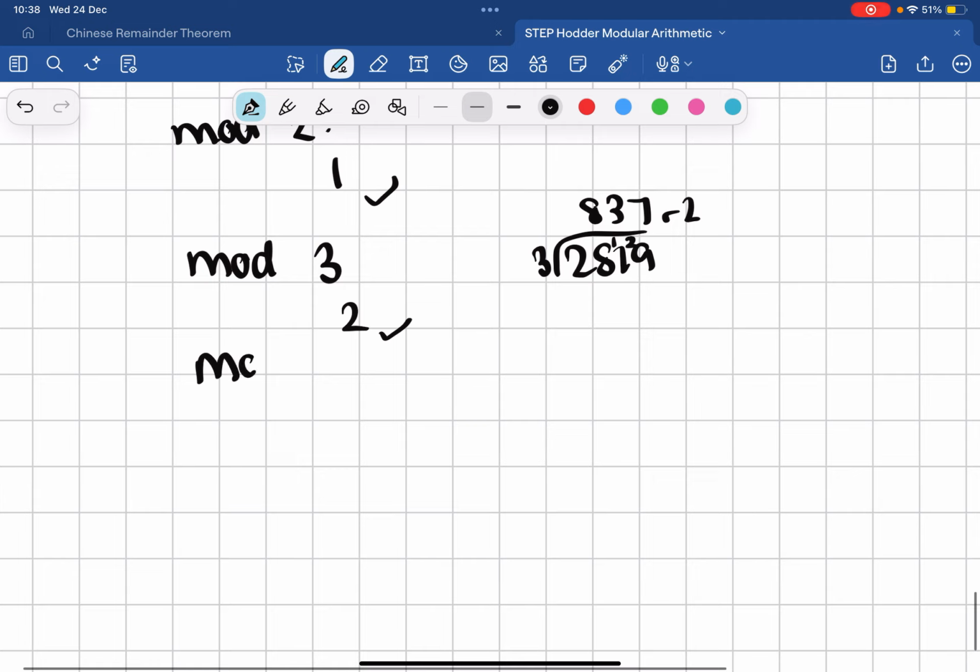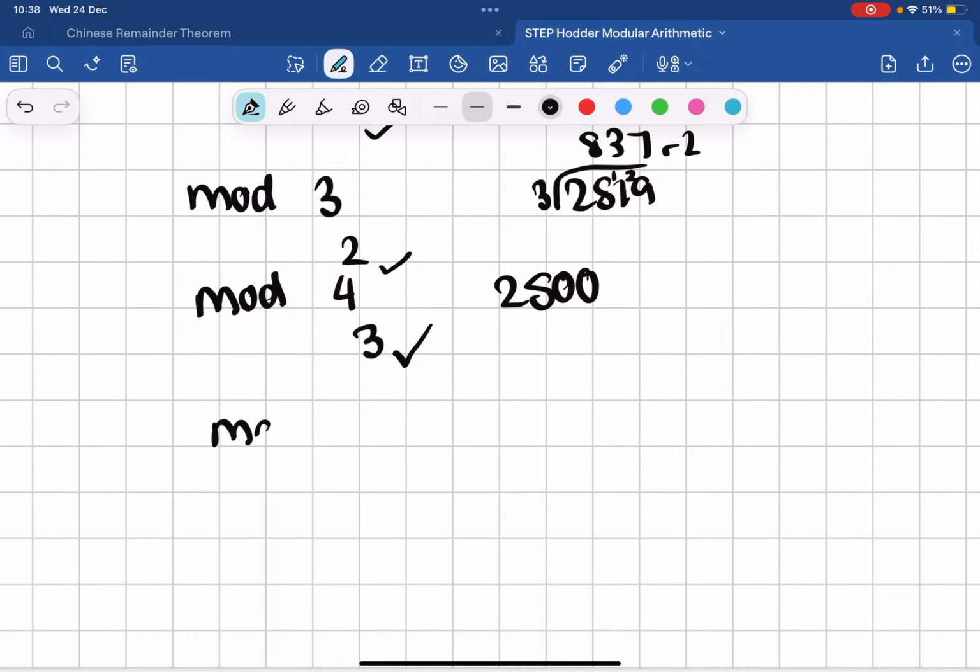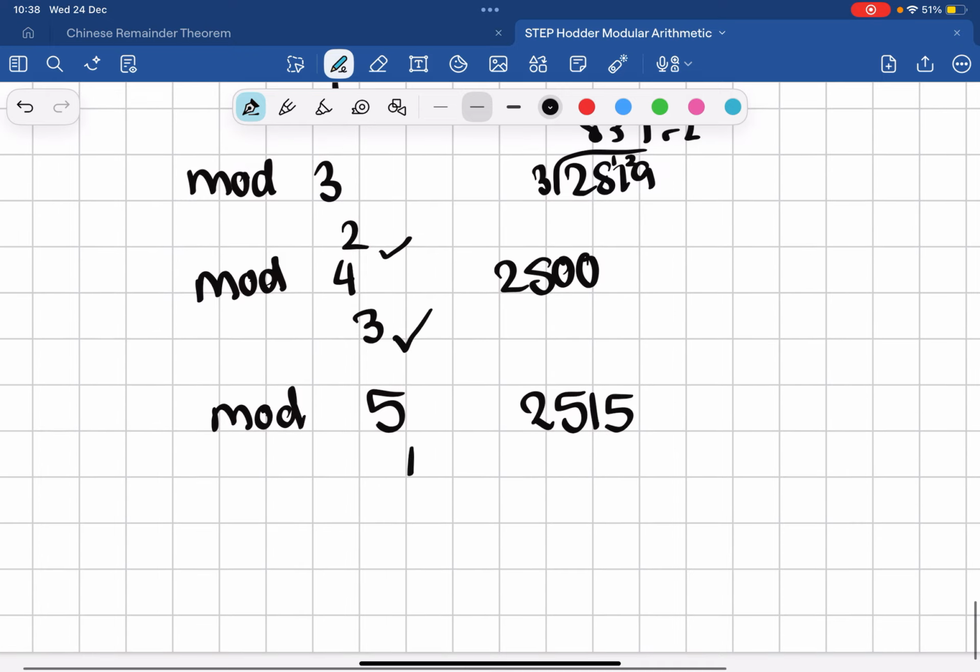Mod 4. We already know that 2500 is a multiple of 4, because it ends in 2 zeros. So we've got 19 to deal with, and 19 mod 4 is 3, which works out again. Mod 5. This is easy to work with. We know 2519 is 4 larger than a multiple of 5, so that works.